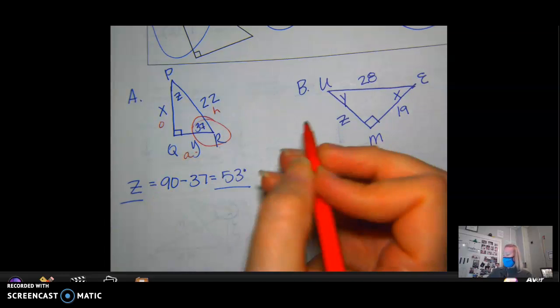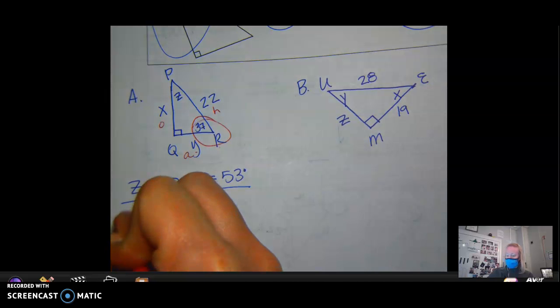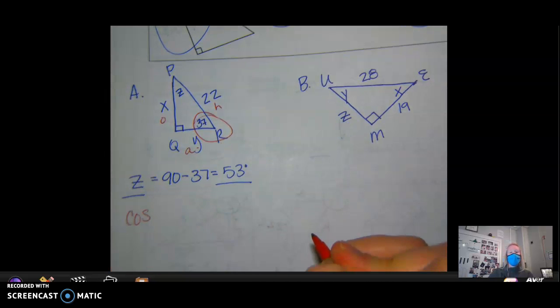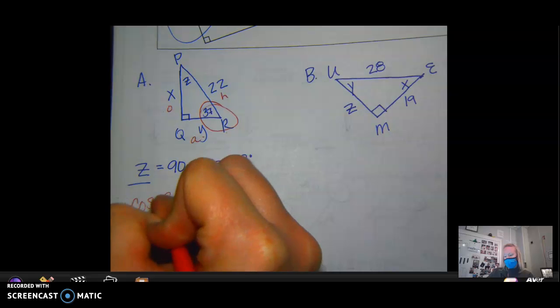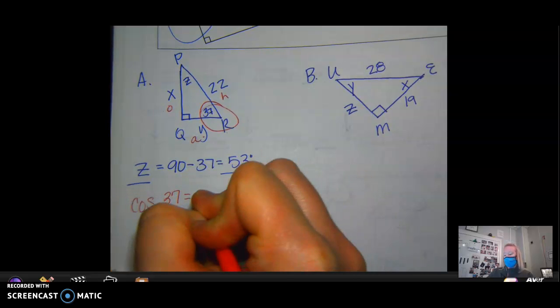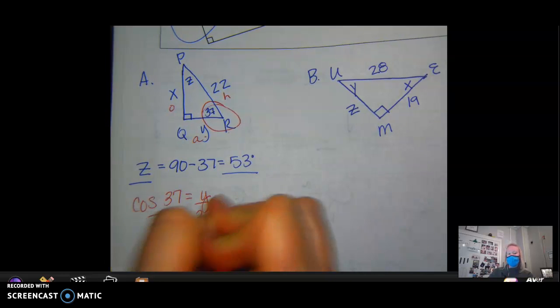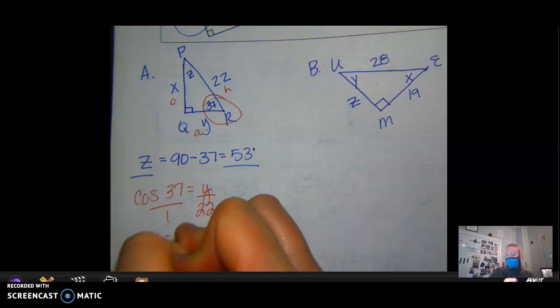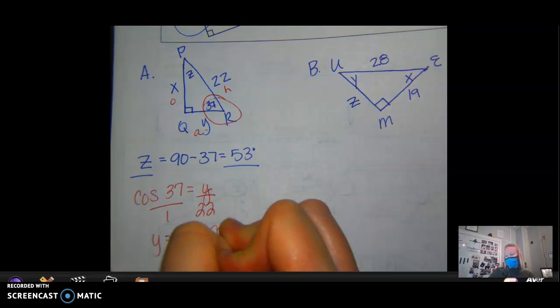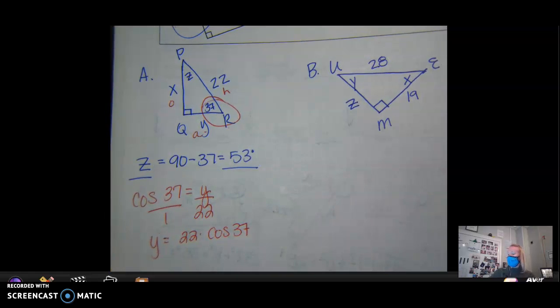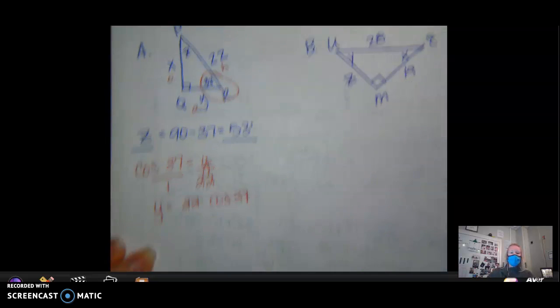H and A, which is what? Cosine. So I'm going to do cosine of 37 equals what over what? Put that over 1, cross multiply, right? And I get Y equals 22 times the cosine of 37, so one of the easier ones. So what does Y equal?